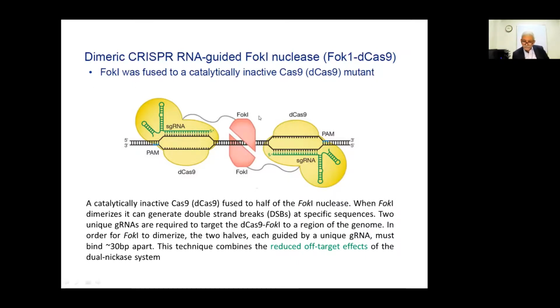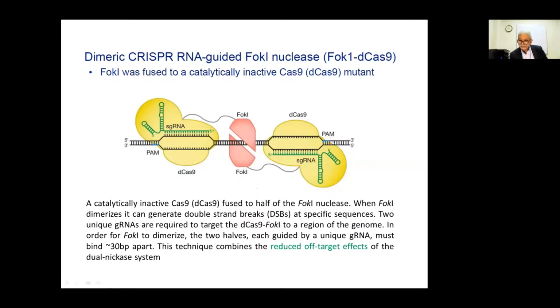Okay? So when fork1 dimerizes, it can generate a double-stranded break at a specific sequence, because fork1 recognizes a very specific sequence. And now you must consider that the site that you want to modify must have a fork1 site and a PAM site as well. Okay?